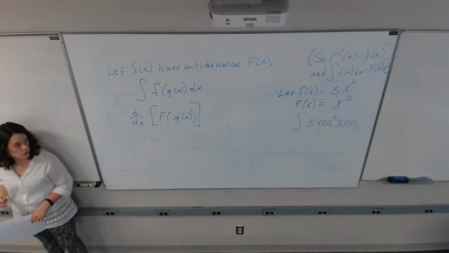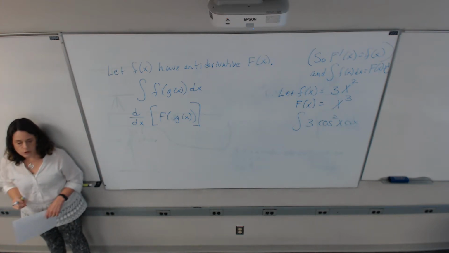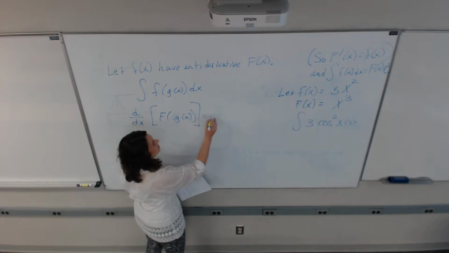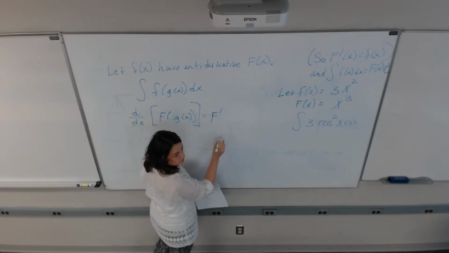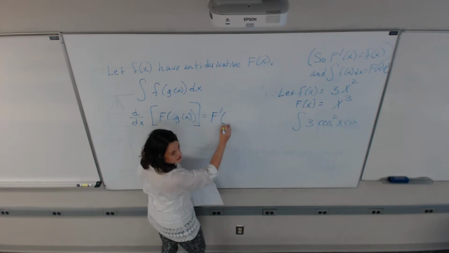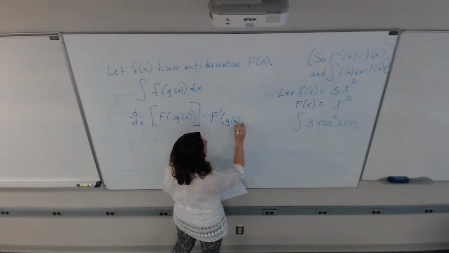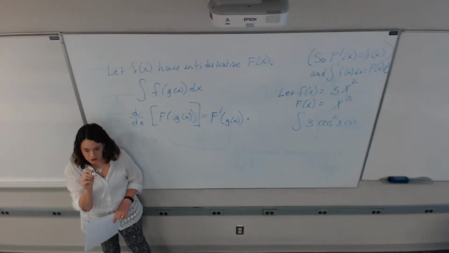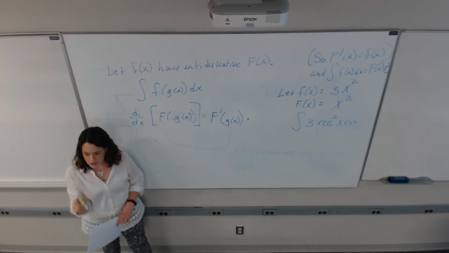How do you do the derivative of a composed function? What rule do you use for derivatives? Chain rule. And what is the chain rule going to give you? Derivative of the outside, F prime. What do you do to the inside? Keep it the same, g of x, times, and that's a times, not a composition, make sure it's a filled in ball, times what? G prime of x.